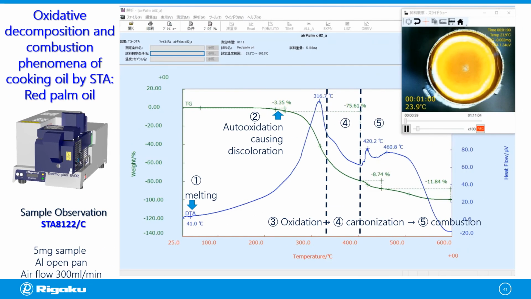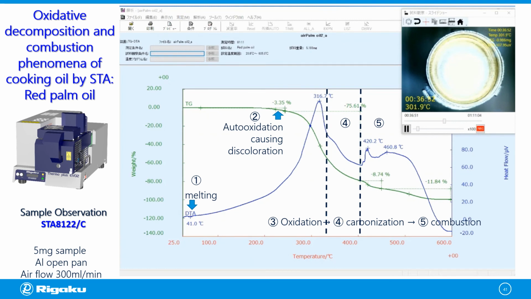Here is a movie on the oxidative decomposition and combustion phenomena of cooking oil by STA using red palm oil. The first phenomenon is melting, and as the temperature increases, we can see the first mass loss, which is caused by auto-oxidation, causing discoloration, most likely due to color reversion phenomena.